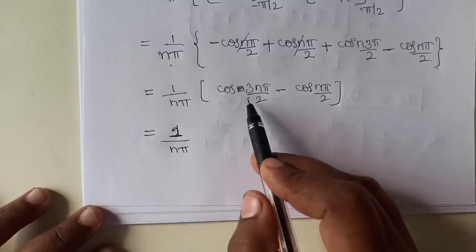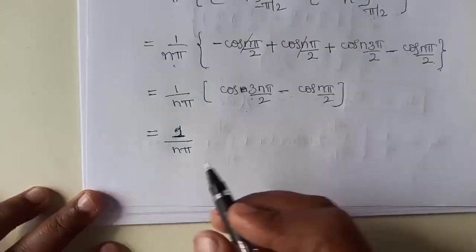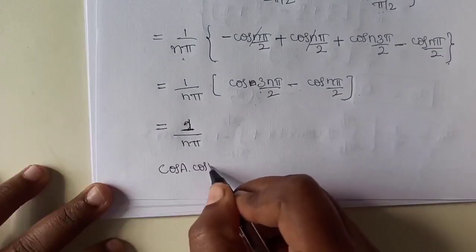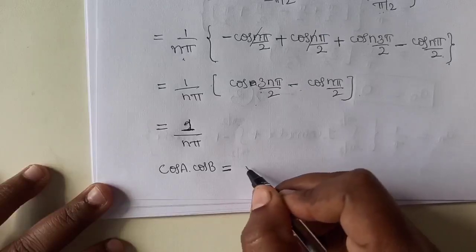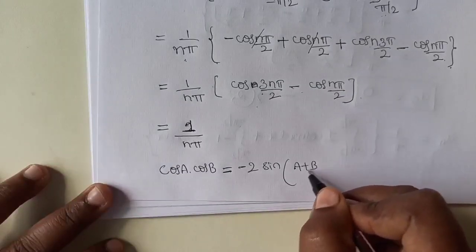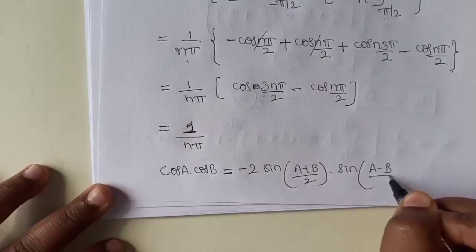Now applying the cos a minus cos b formula, that is cos a minus cos b is equals to minus 2 sine of a plus b divided by 2 into sine of a minus b divided by 2.